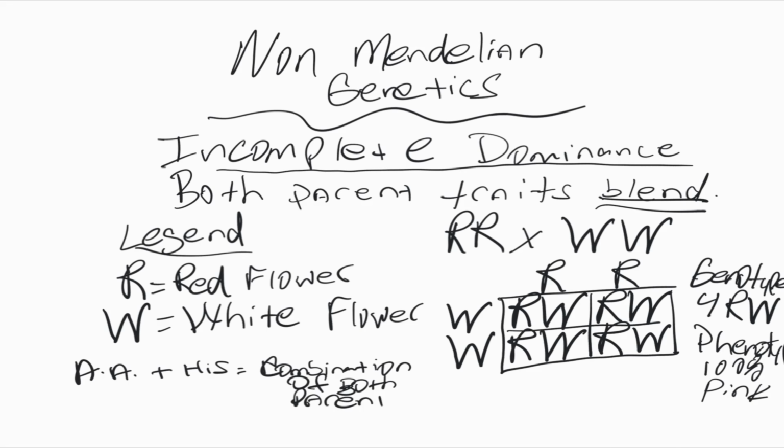This is non-Mendelian genetics, and essentially it means that both parent traits blend in the offspring to give a third, different combination of the parents' traits. Incomplete dominance is also called blended inheritance because the phenotype of the F1 offspring is a blend of both of the parents. This is non-Mendelian genetics, example number 1. Let's move on now to example number 2.